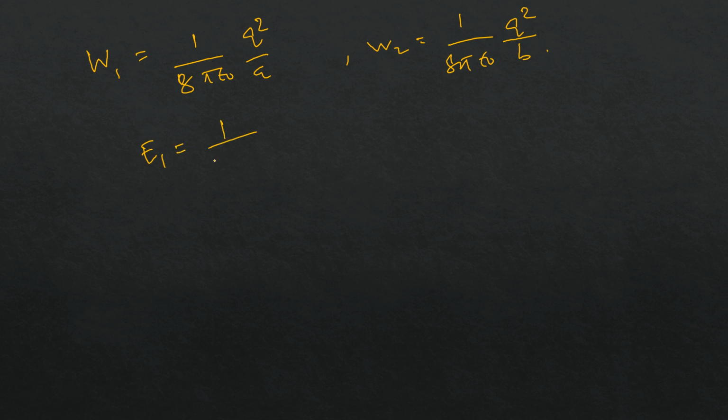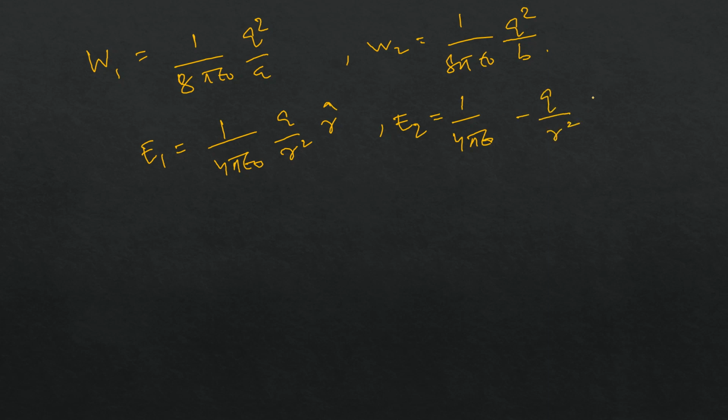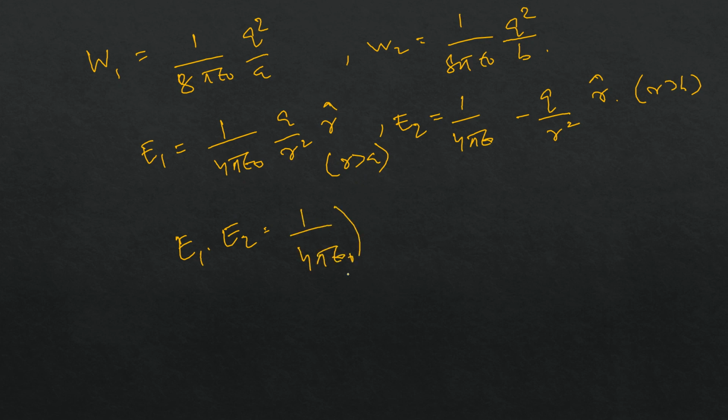Electric field E1 is 1 by 4 pi epsilon naught q by r square r cap. E2 is 1 by 4 pi epsilon naught minus q by r square r cap. Isn't that right? Here r is greater than B, and r is greater than A. So if I multiply E1 into E2, 1 by 4 pi epsilon naught whole square and minus q square by r fourth.